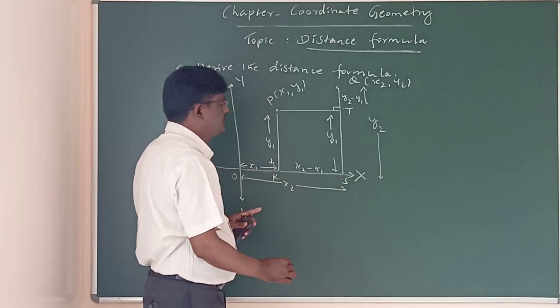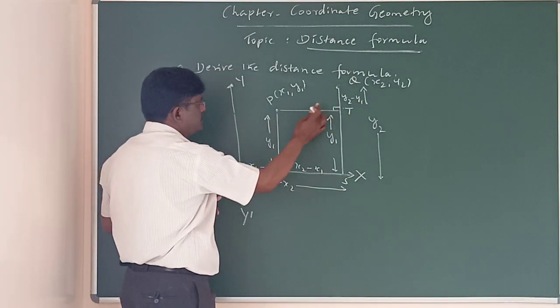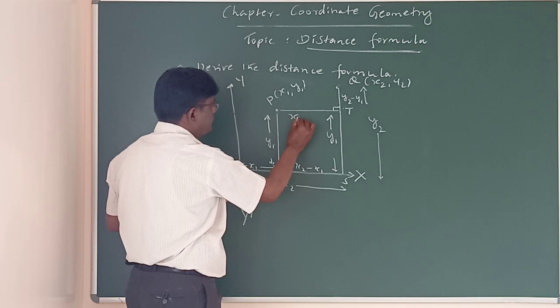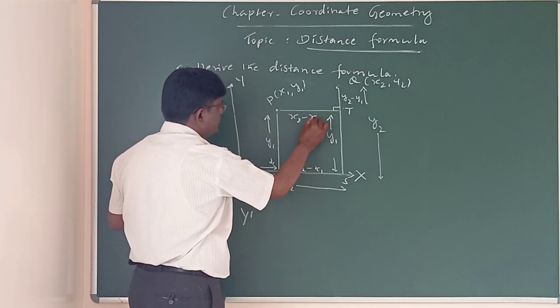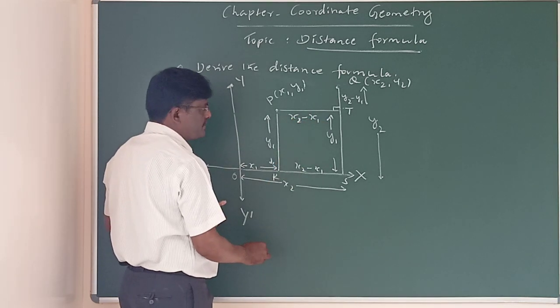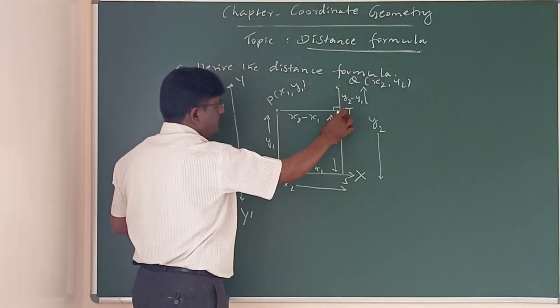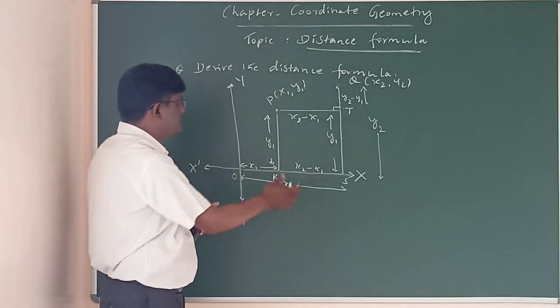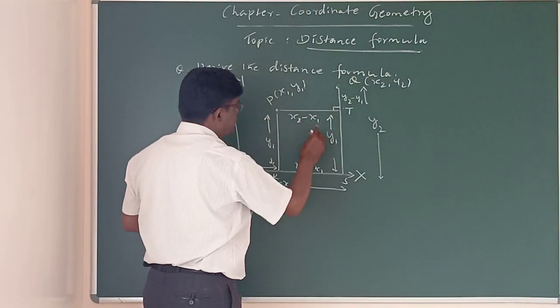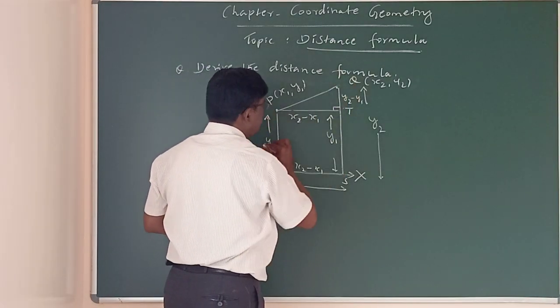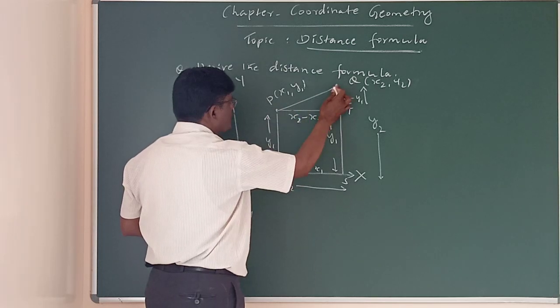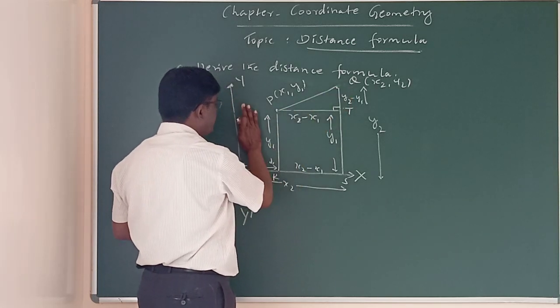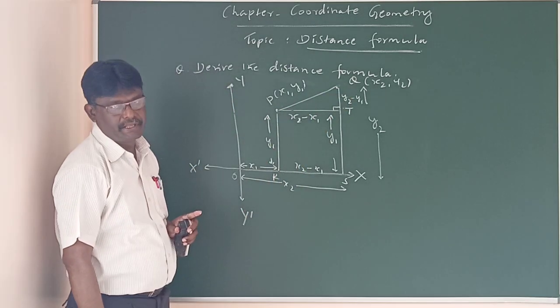So we got the length of PT in terms of x components as x2 minus x1, and QT as y2 minus y1. With the help of these two distances, we can get the distance between two given points in the Cartesian plane.